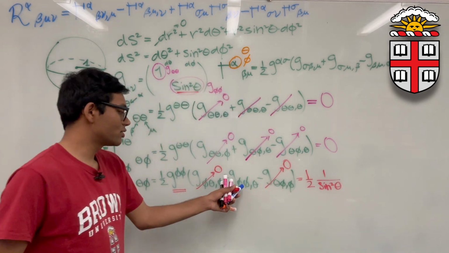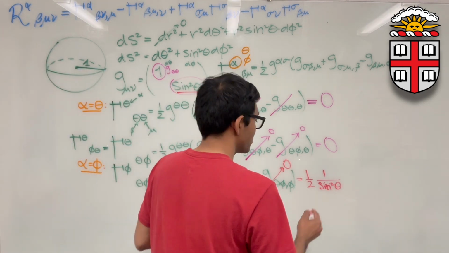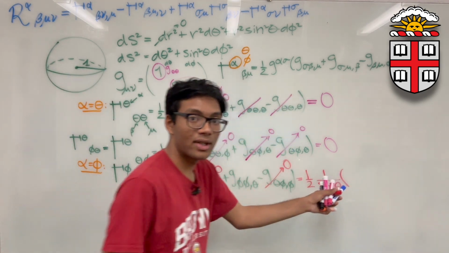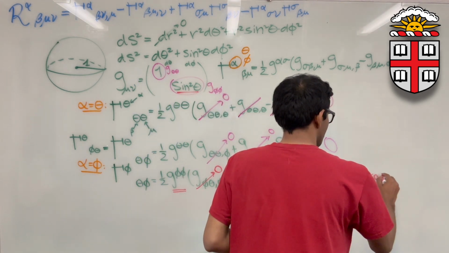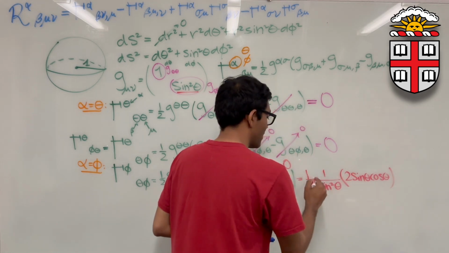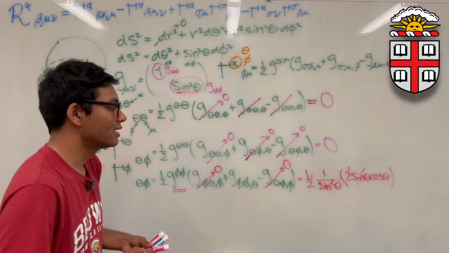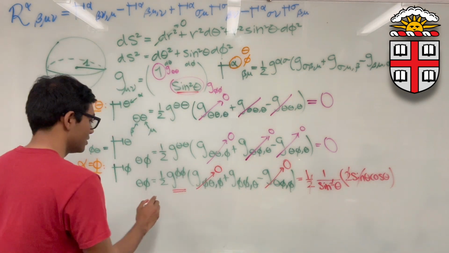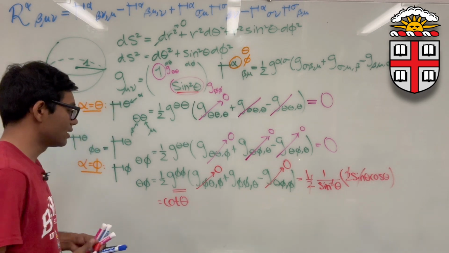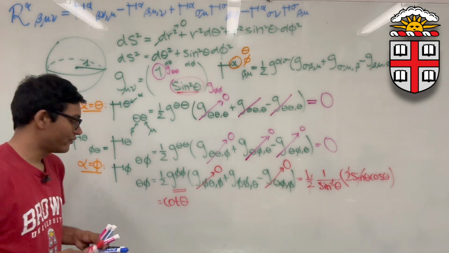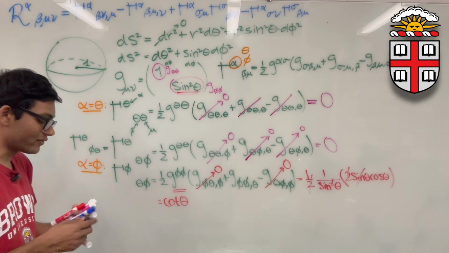And then here we have the derivative of the phi phi component with respect to theta. So the derivative of sine squared theta with respect to theta, I'll write it over here, is 2 sine theta cosine theta. And so we have 1/2 and 2 cancel out. Sine theta cancels out with one factor of that. And so we're left with cotangent of theta. So this is cotangent of theta. So great. So we've found, thank God, that we found at least one non-zero Christoffel symbol.